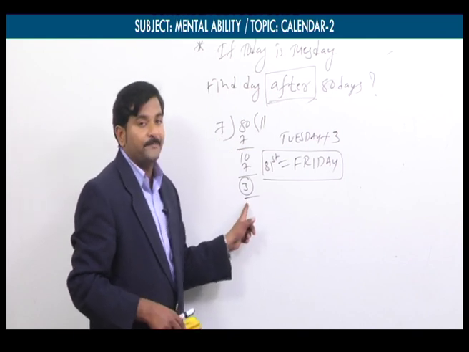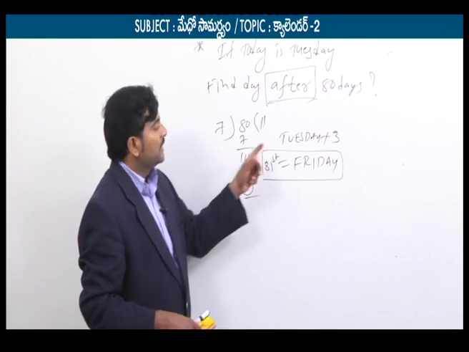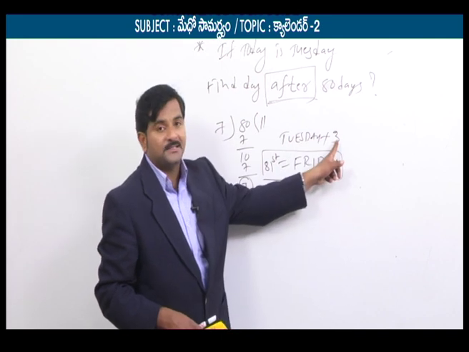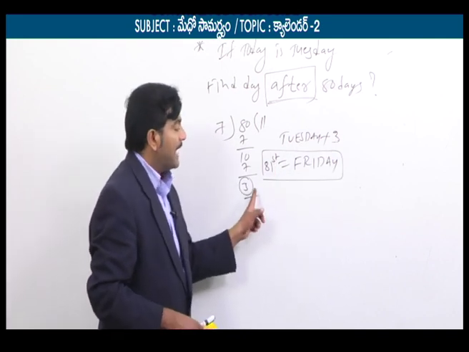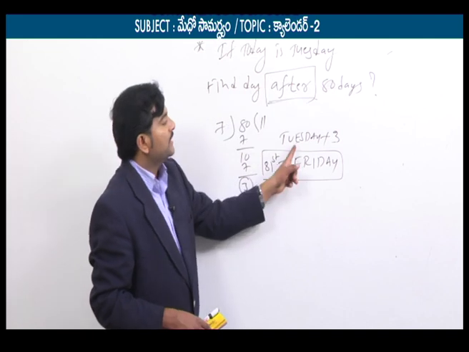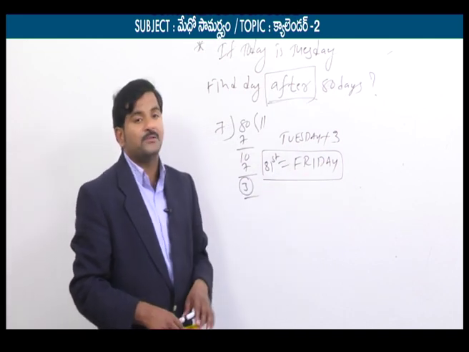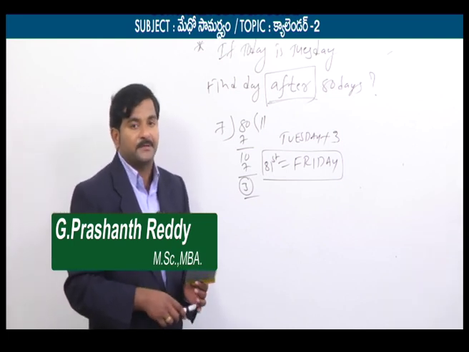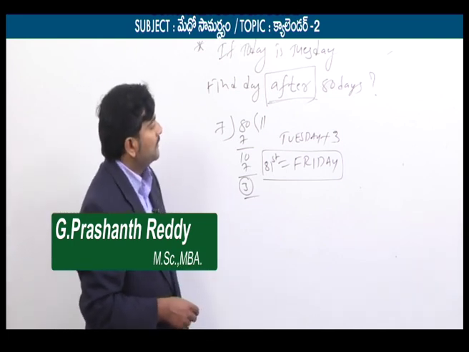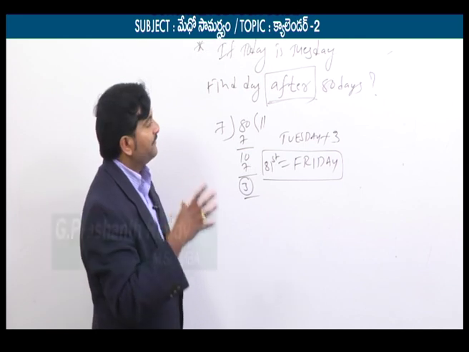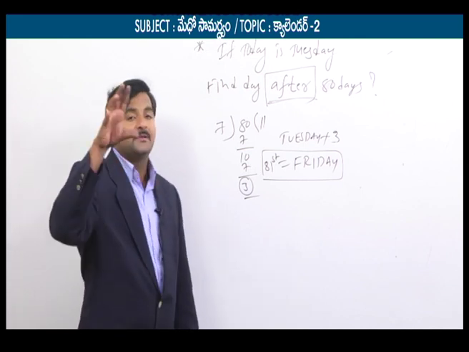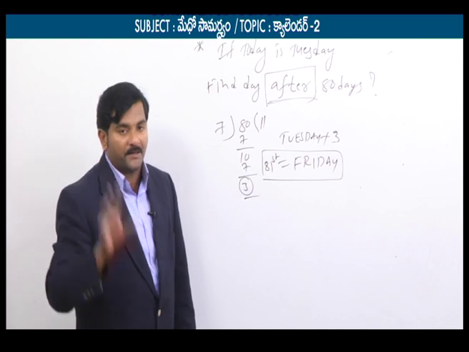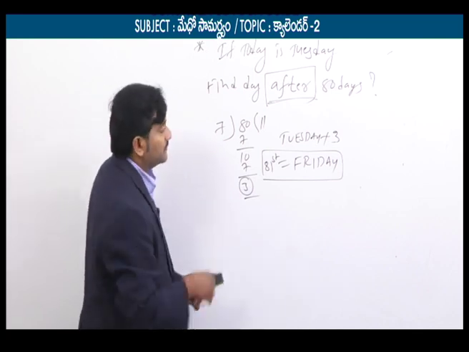So I am getting 3 as the odd days. What does it mean? Tuesday plus 3 days. Since I am getting remainder 3, adding this 3 to Tuesday, how much do you get? Friday. This is the procedure when he asks to find which day will come after some given days.